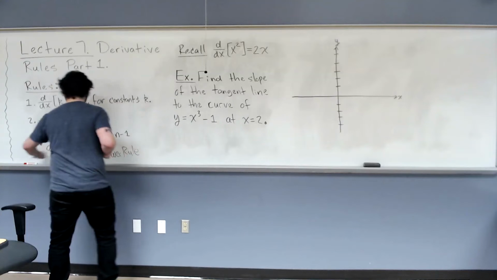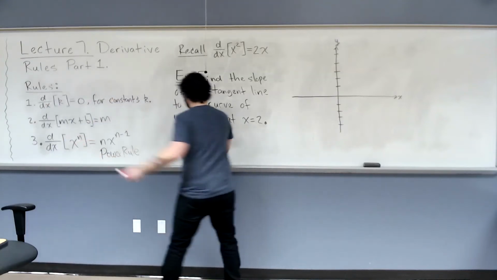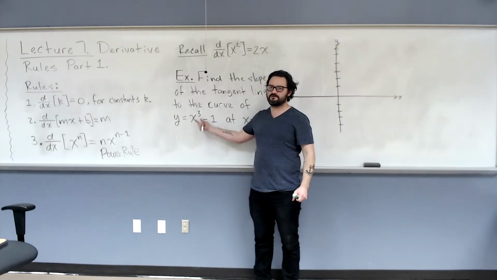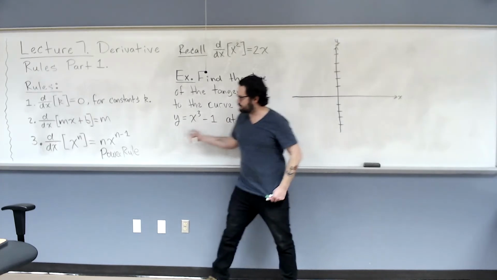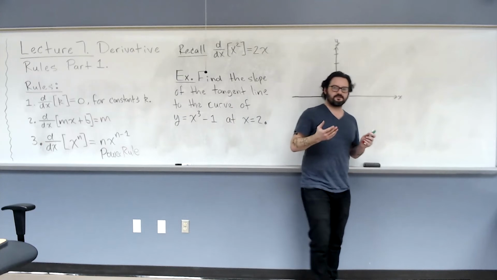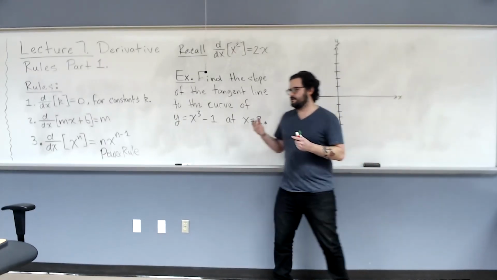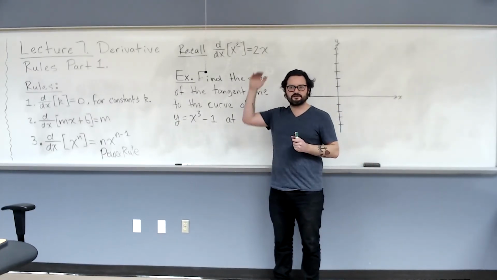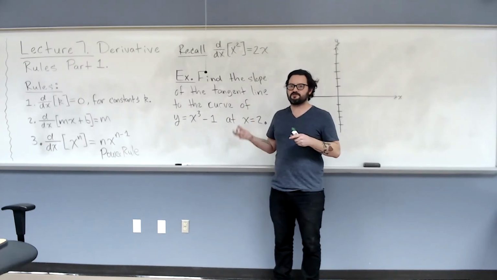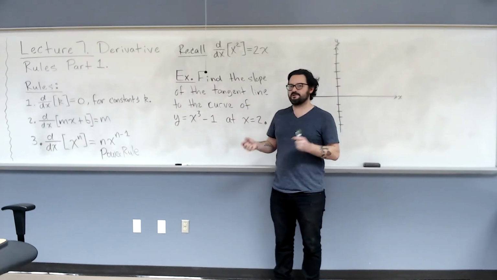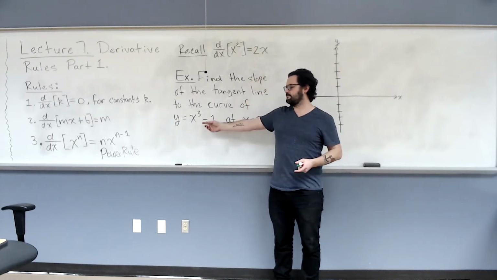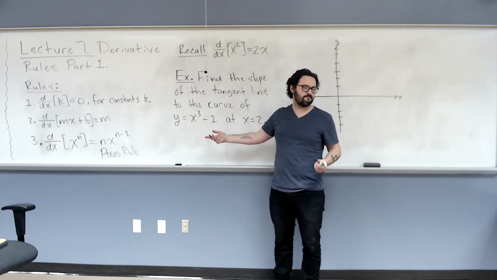Notice that none of these rules really apply to this thing, right? Because it doesn't look like something to a power with an extra bit. But what I was trying to emphasize is that if you have a function and you're just raising or lowering it, and the shape of the curve doesn't change, then there's a relation between the curve before it was moved down or up and the curve that has been moved.